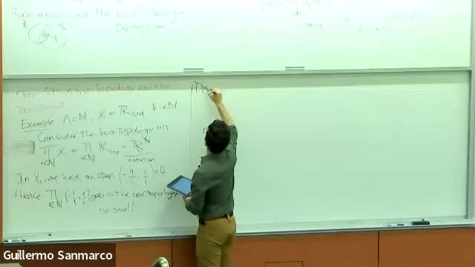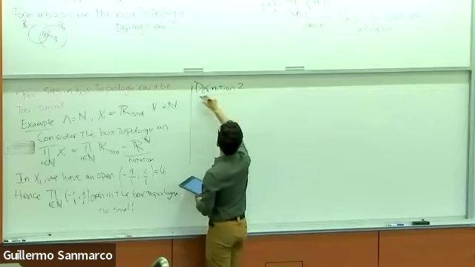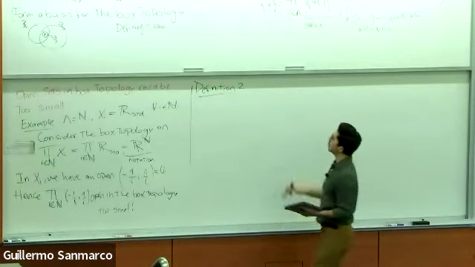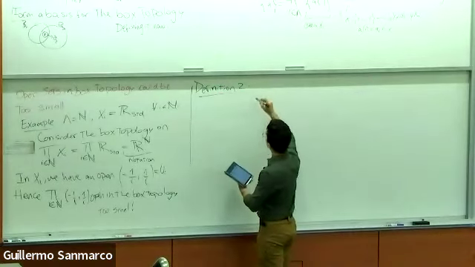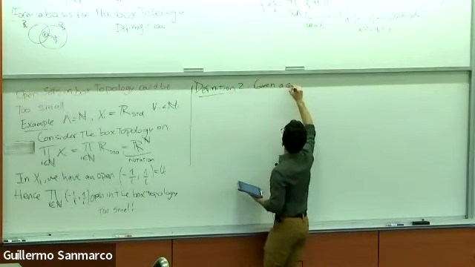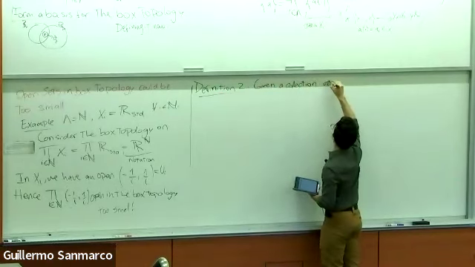I need to introduce a different definition. I want to introduce a topology that will avoid things like this. Definition 2 for today. Take a collection of sets. So we don't have topologies here.